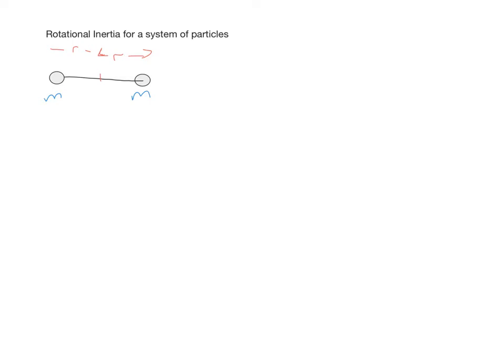Now, we have our equation for I, and that came about from the kinetic energy equation. All right, so that I is equal to the sum of all the masses times the distance they are away from its rotational point squared.